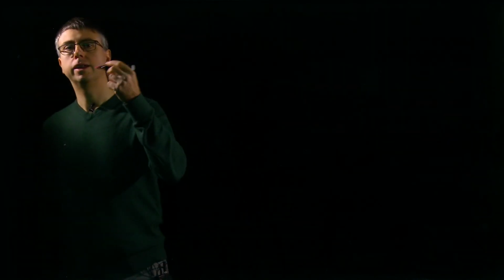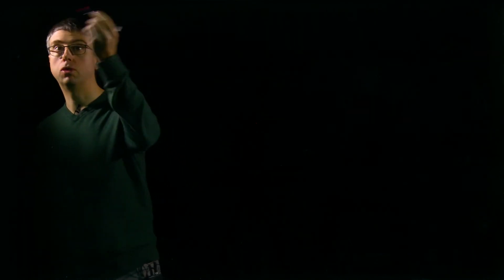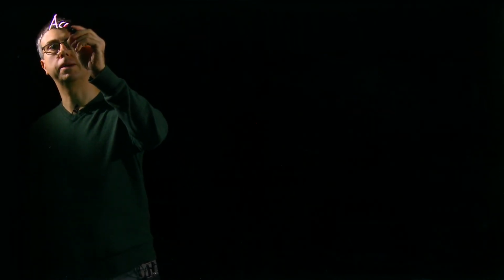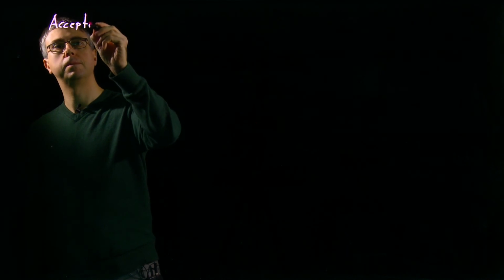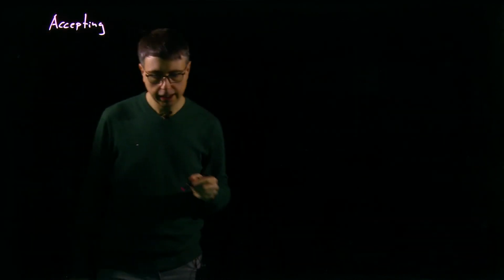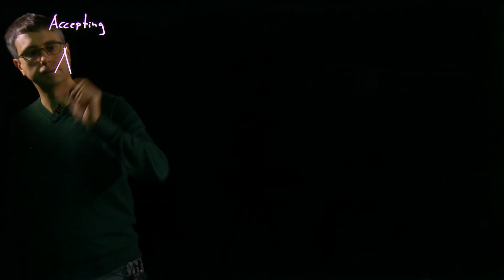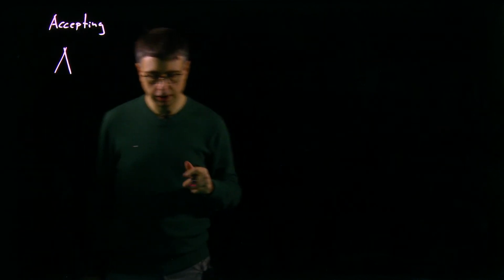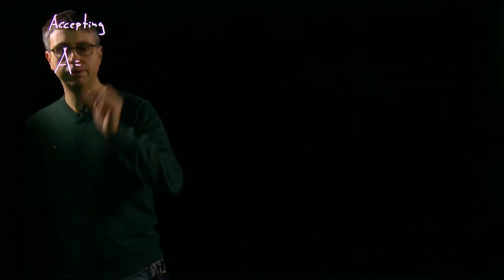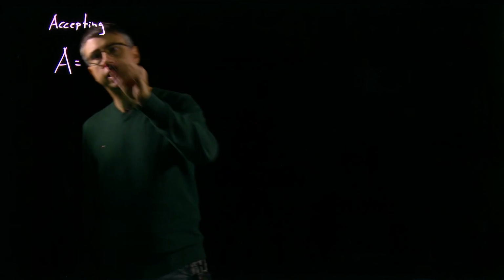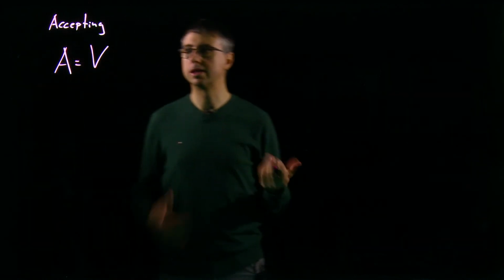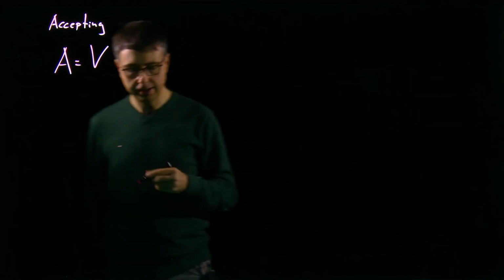Okay, and finally, we have to specify whether the Turing machine actually accepts a word or not. So we have to specify accepting. And accepting is specified by a formula, which I'll call A for accepting. In the end, we must be in some kind of final state.